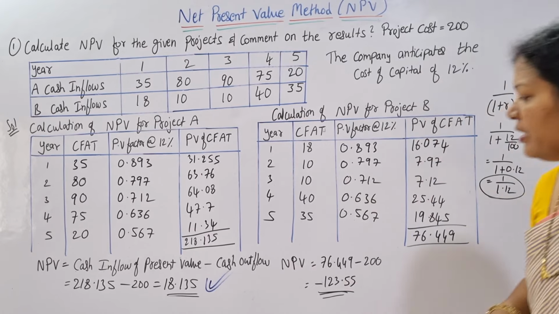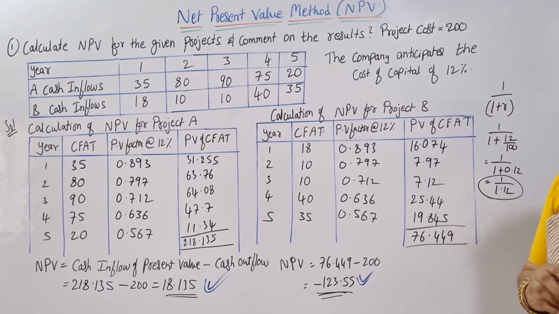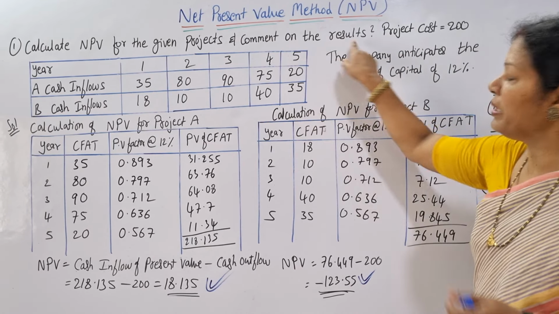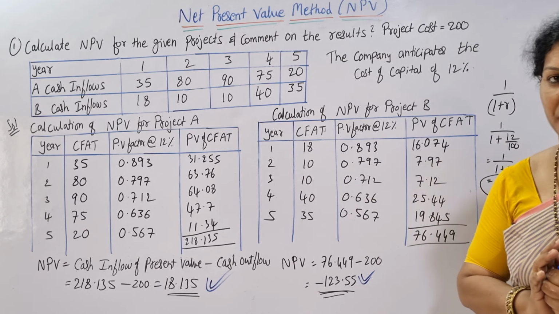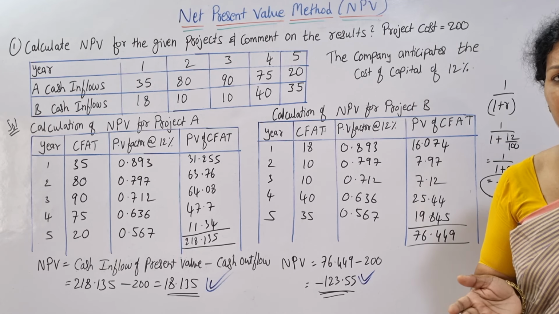And this is the NPV of project B. Am I clear? Now they are asking us to comment on the result. NPV of project A, project B, both we have prepared. Now what do you want to comment? Which one do you want to recommend?